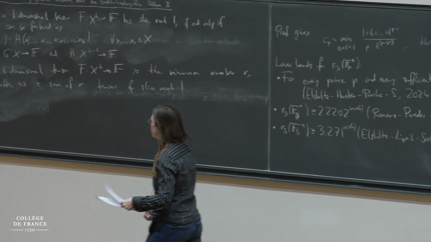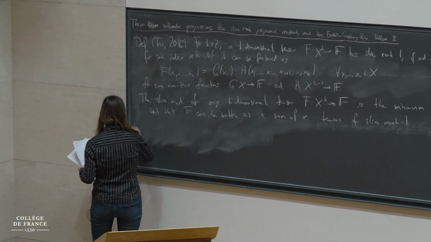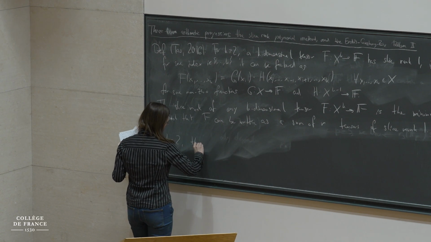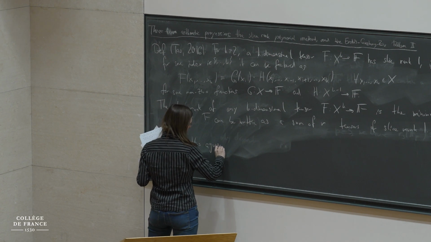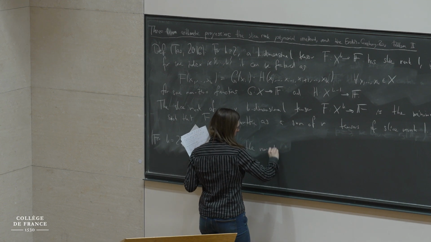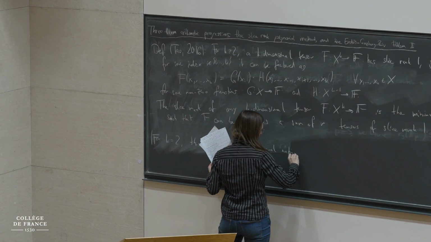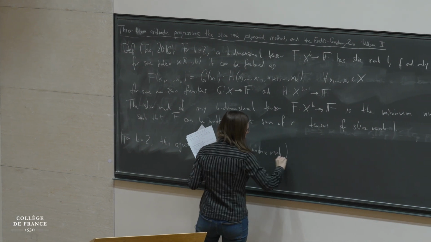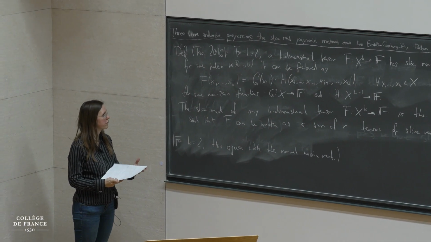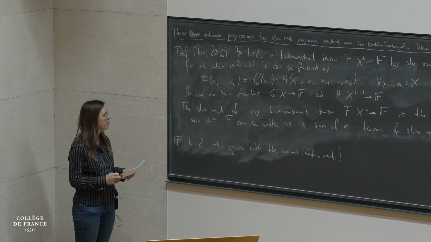So maybe let's make that as a remark. So for k equals 2, this agrees with the normal matrix rank. And maybe also to comment on these previously existing notions of rank for tensors.